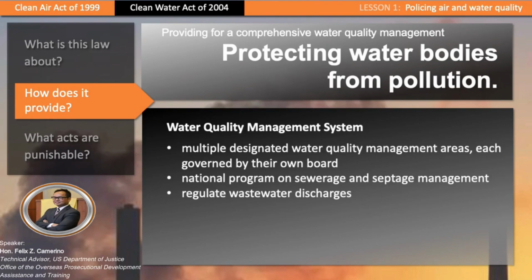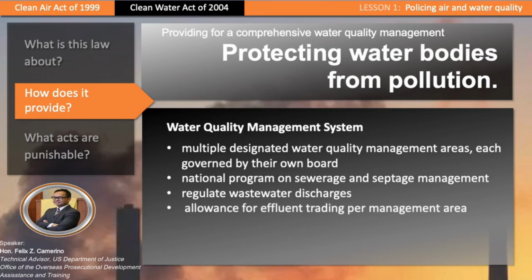Because that is what the permit permits. So he has to remain within the confines of the permit. All right, so that is regulating wastewater discharges.